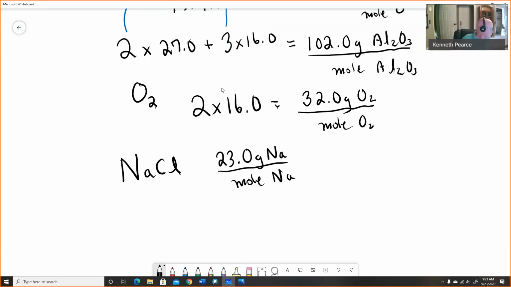And we look up chlorine, and we round it as well to 1 decimal place, and that's 35.5 grams chlorine for every mole chlorine.